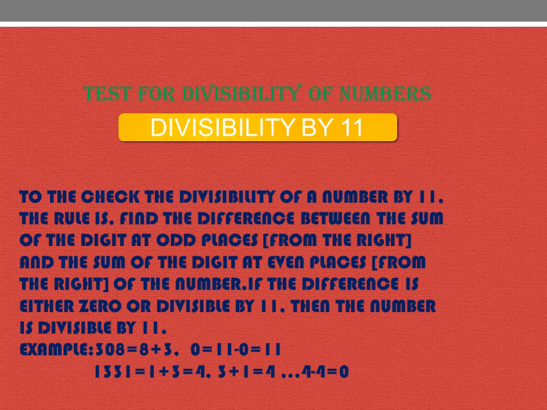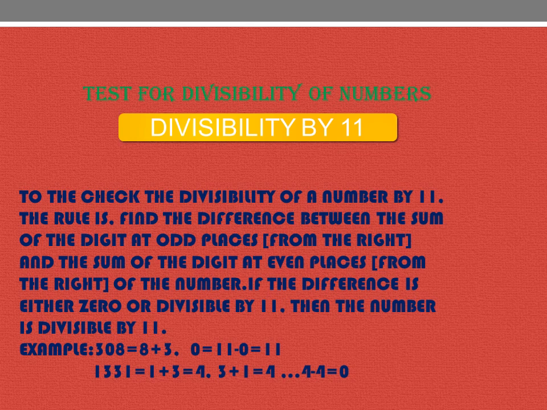In the second example, that is 1331, the numbers at the odd places from the right are 1 and 3. 1 plus 3 is equal to 4. And if you are taking the even places, that is the tens place and the thousands place, 3 plus 1 is also equal to 4.